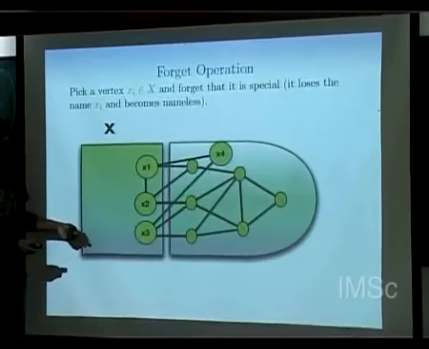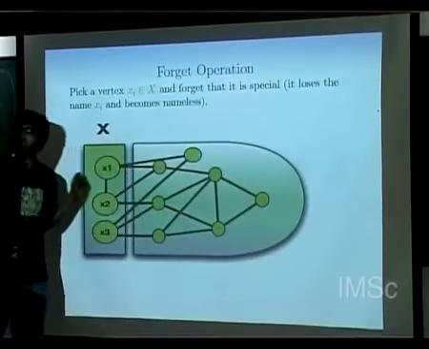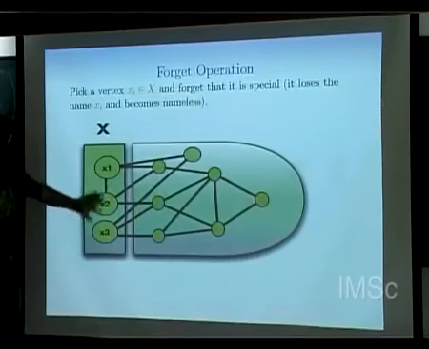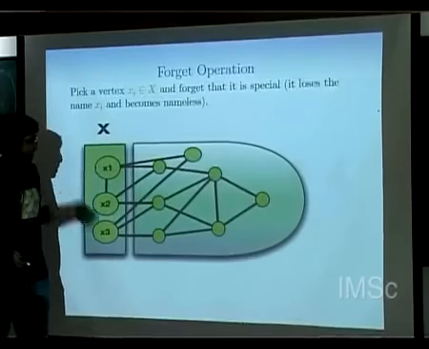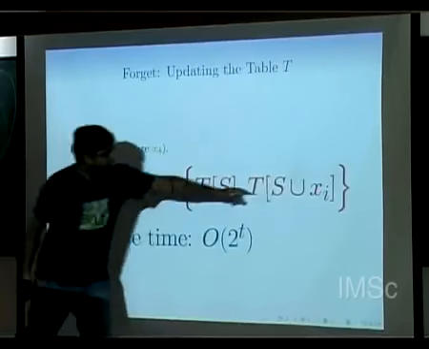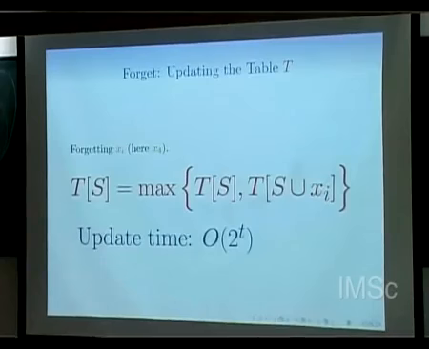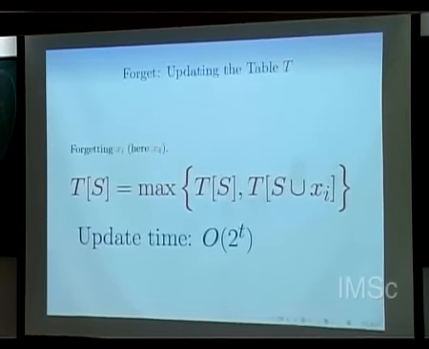But now that it has moved to this side, it can be part of the independent set which we can take from here. To do that, you already have stored that information. How? You have also stored the largest independent set which contains x1, x2 and x3 previously, or x4 previously. So you have these two pieces of information, you take the max of these two and you update, right? So updating my table is still easy, okay?